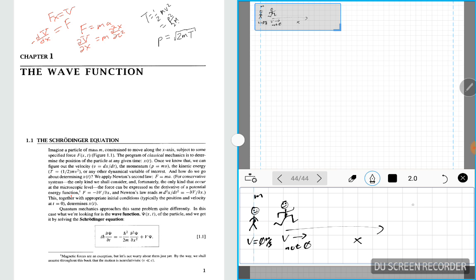That means that the velocity changed. So the velocity v changed from 0 to some other number. Their position in one dimension we can say is x. If they started out here at x equal to 0 and they ended up here at x equals not 0, then they changed in position.